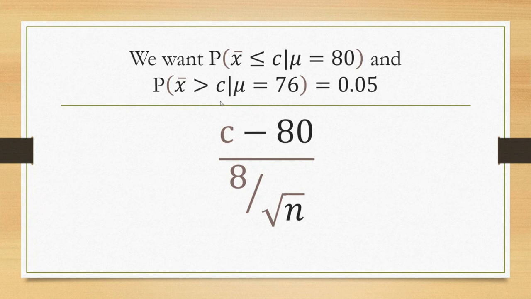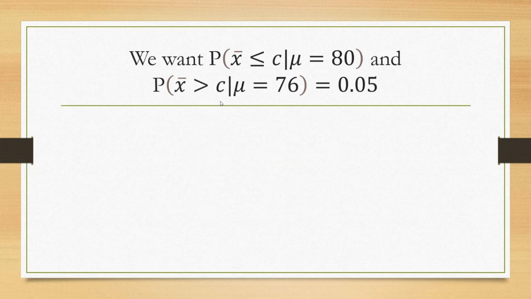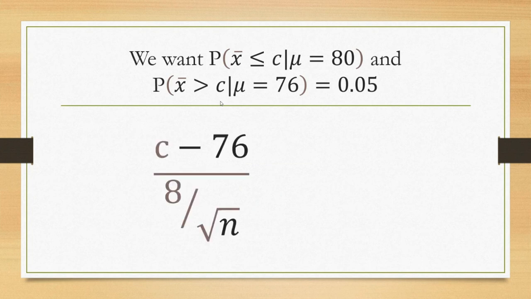Since we're looking for the z-score of a sample mean for the left tail, this is equal to negative 1.645. For the right tail, it's the same thing, but instead of 80 we use 76, and this is equal to 1.645. The only thing that changes is the positive and negative.